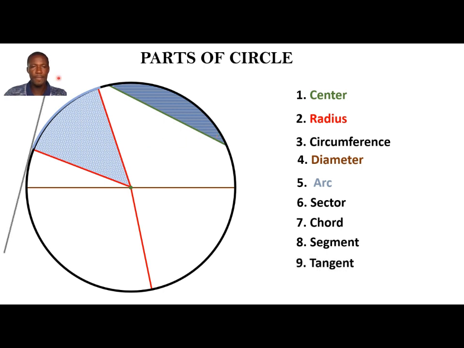Then we have this line here. It is not a distinct part of a circle, but it is only mentioned in relation to circles and arcs.